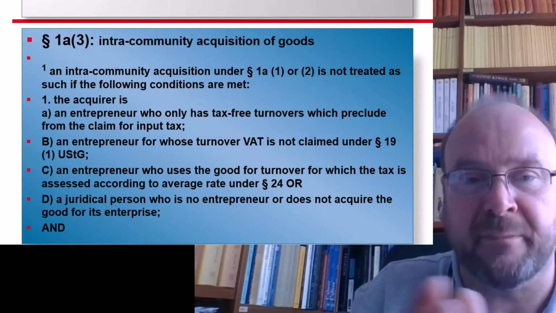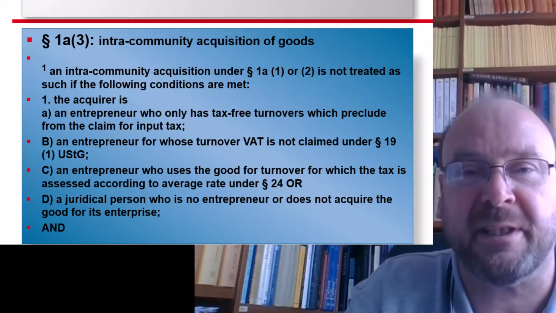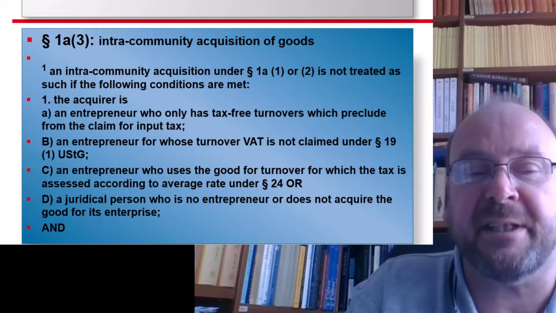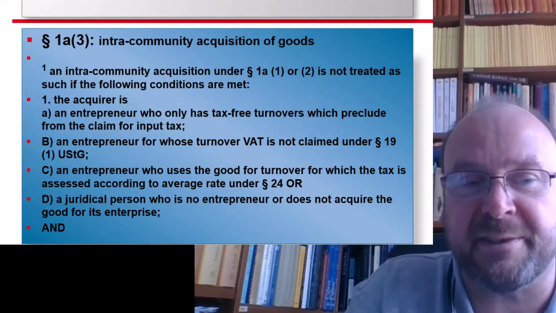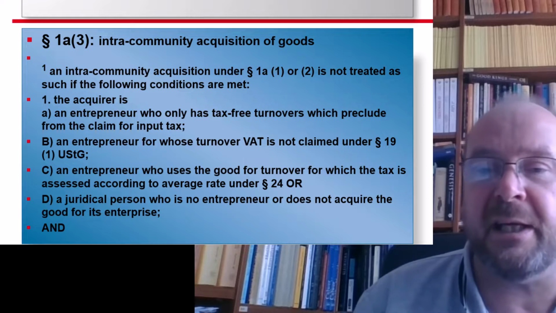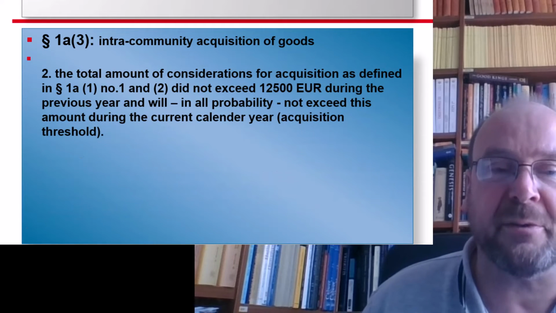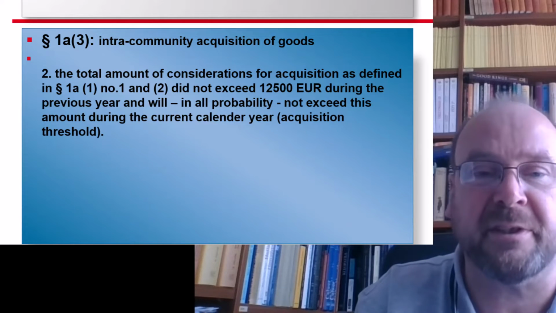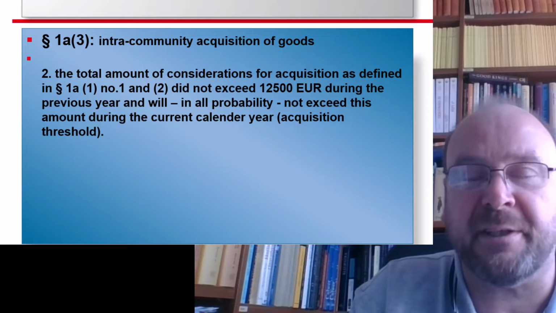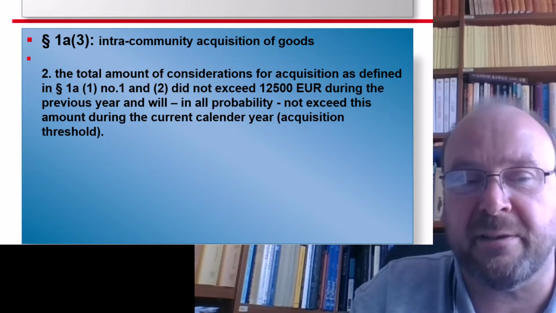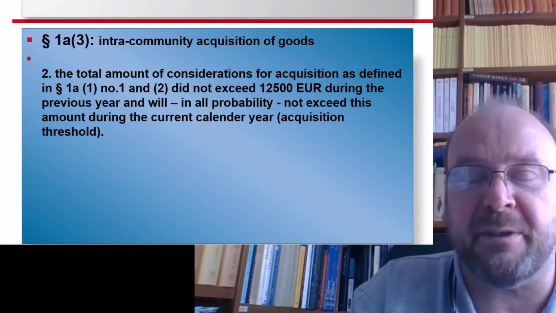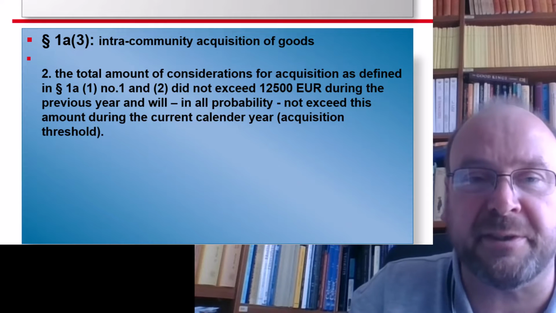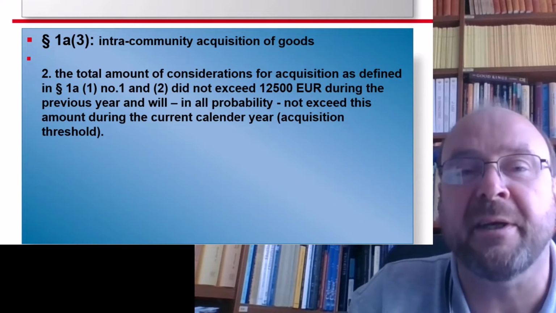So you can forget the intra-community acquisition problem under the following circumstances: if the acquirer is one from a list of four letters, and the total amount of payments or things given in return for the acquisition as defined in paragraphs 1a and 2 did not exceed 12,500 euro during last year, or in all probability will not exceed the threshold during the current year.